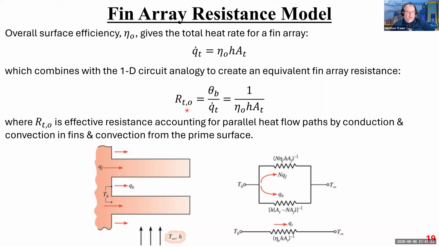So t is for thermal and o is for just an array, right? We use the same notation here. That's what that little o means. Okay, and then here's the expression for that resistance.